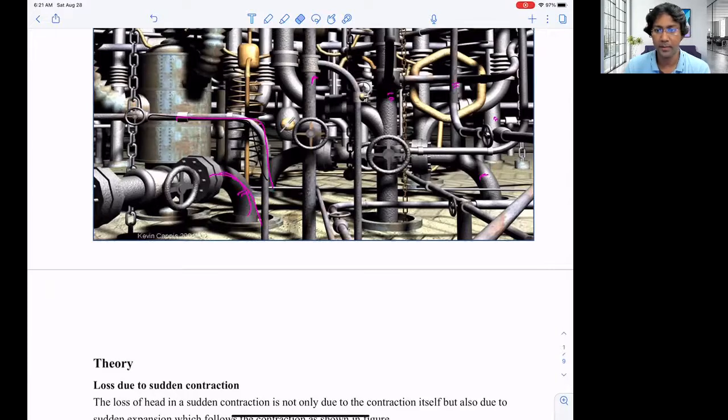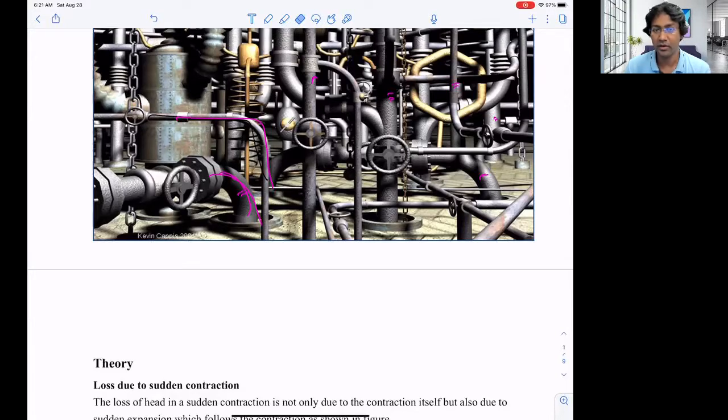So that's why sometimes we may not use different types of smooth transition. So what do we usually use? We use a pipe and one connecting tube that directly connects the bigger diameter to the smaller one. So that's why there will be some losses. And why is it necessary to calculate the losses?